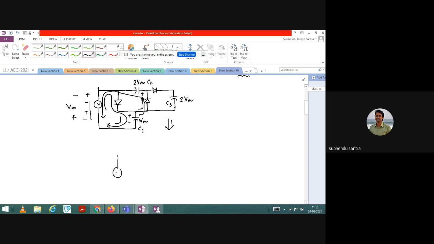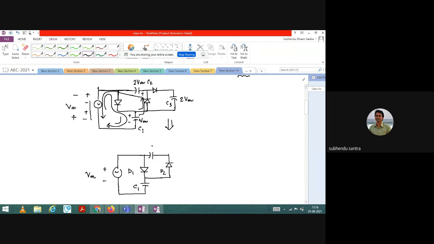So you have a sinusoidal source, and definitely you need a diode to charge a capacitor first. Let us just name it as C1. This is Vm, the maximum voltage, plus minus, right? The diode is, let us say, D1, and then I will store the 2 Vm part in a different path. So this is diode D2.